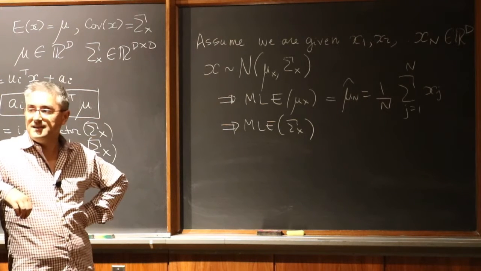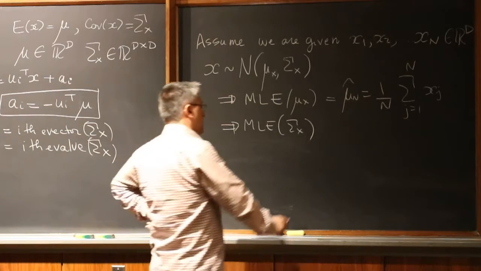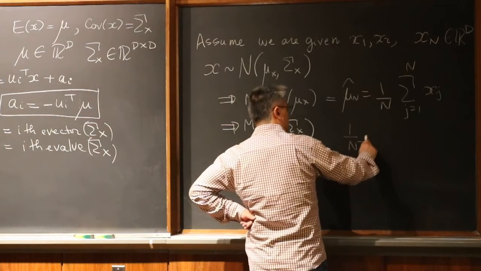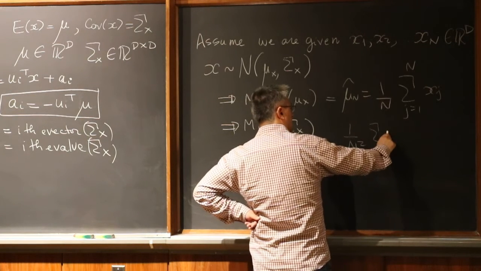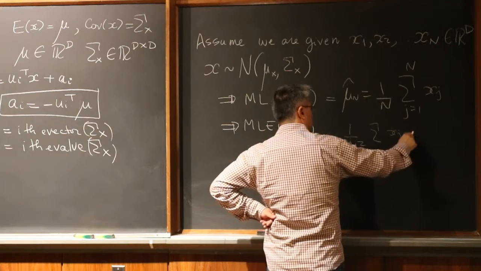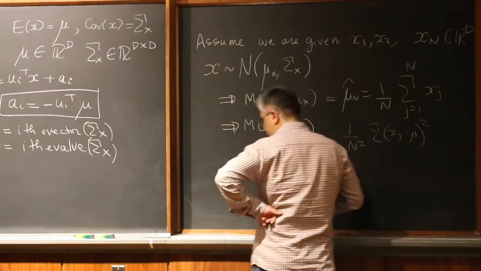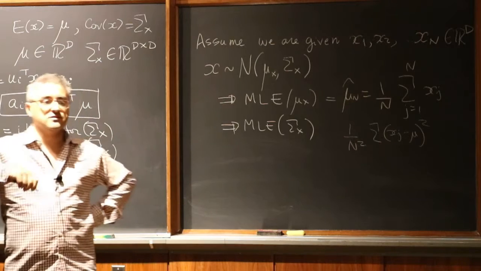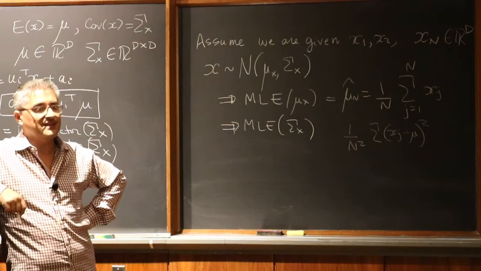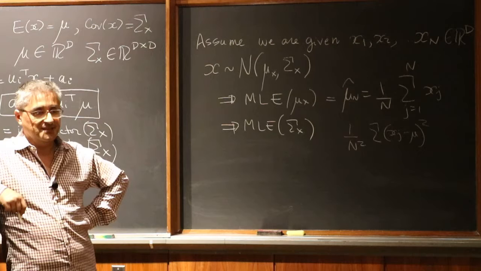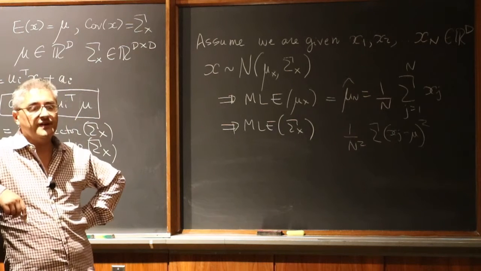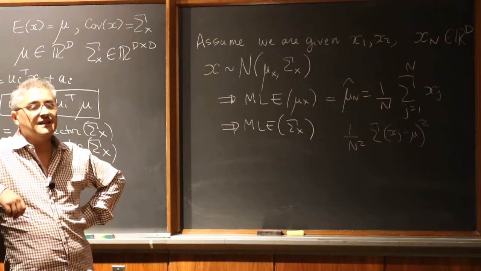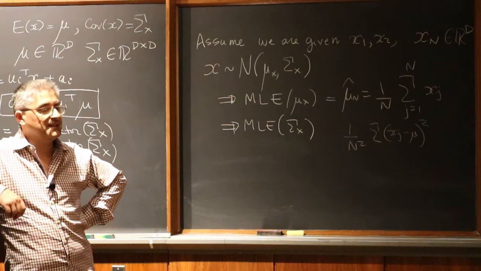1 over n times x minus mu squared. Okay, so 1 over n times the sum from j equals 1 to n of xj minus mu squared. Anyone has an objection to that? Yes? X is a vector, so we need to use a transpose for it. Okay, where exactly?